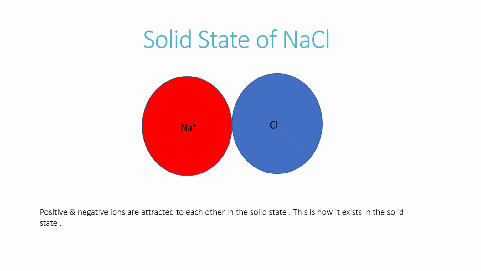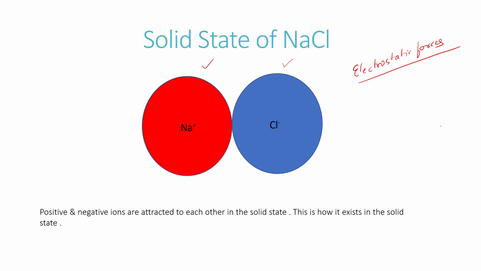We all know that sodium chloride, that is common salt, is made up of a positive sodium ion and a negative chloride ion. And these sodium and chloride ions are held together by strong electrostatic forces. And because these forces are too strong, that's the reason why sodium chloride exists as a solid.